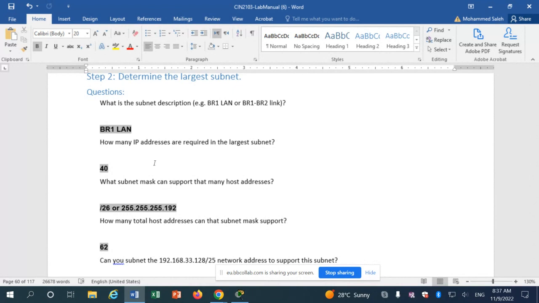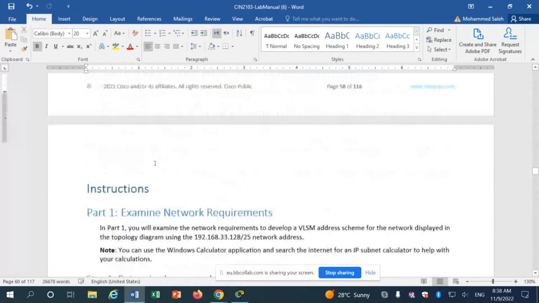So first I start with the subnet that has the largest number of hosts. When I want to solve a VLSM question, I start with the subnet with the largest number of hosts, which is BR1 LAN, and it needs 40 hosts.